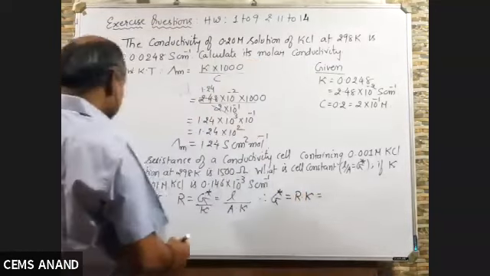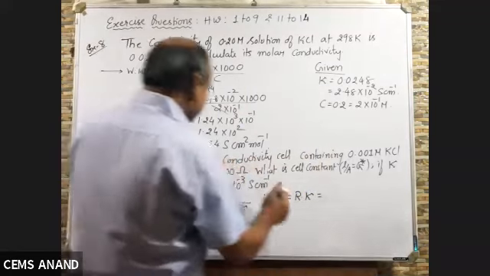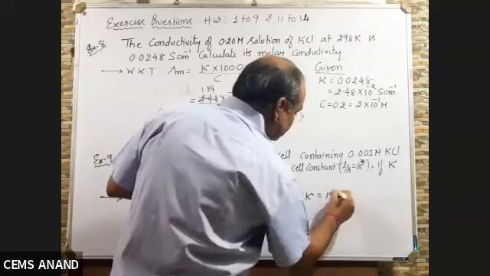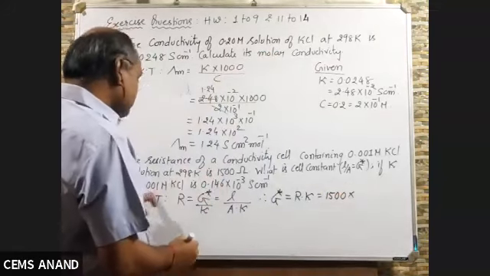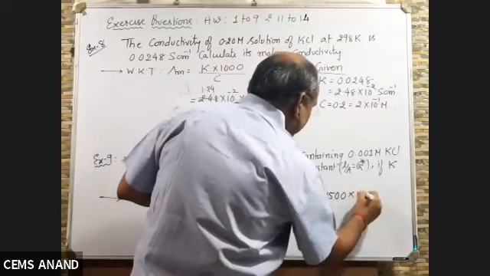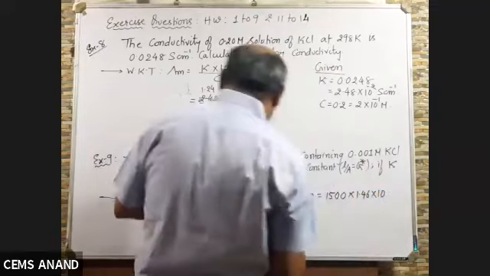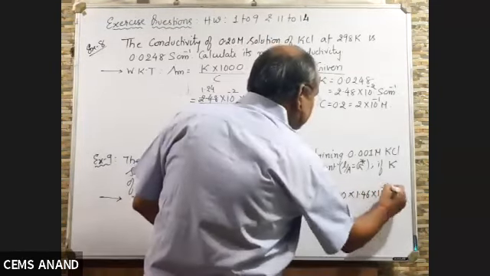R is given. The resistance of the conductivity cell at 298 is 1500 ohm, into kappa. Kappa is given, 0.146. I can write 1.46 into 10 raised to, shifting 1, so it will be minus 4.